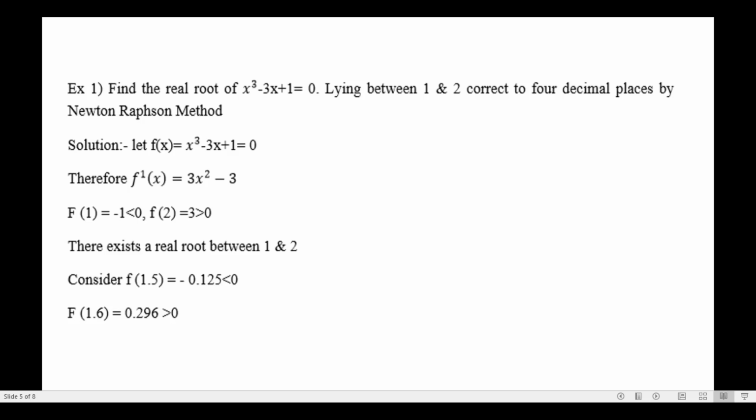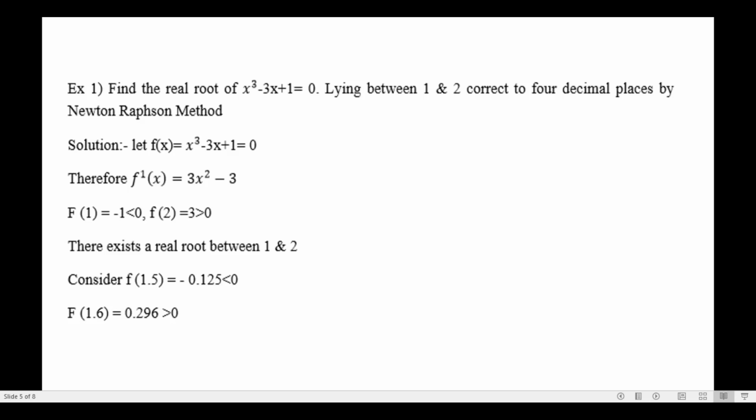Now find f of 1, that is minus 1, which is less than 0. f of 2 is 3, greater than 0. So we can say that the root lies between 1 and 2. Now we consider f of 1.5, any value in between 1 and 2. f of 1.5 is equal to minus 0.125, which is less than 0.